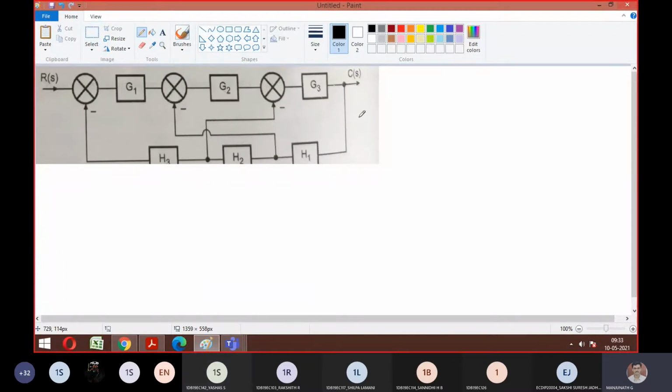Yes, sir. So from this path, let me change the color. This H1 is connected to the summing point. So this is my one feedback path. Similarly, this H2 H1 combination is connected to this feedback.